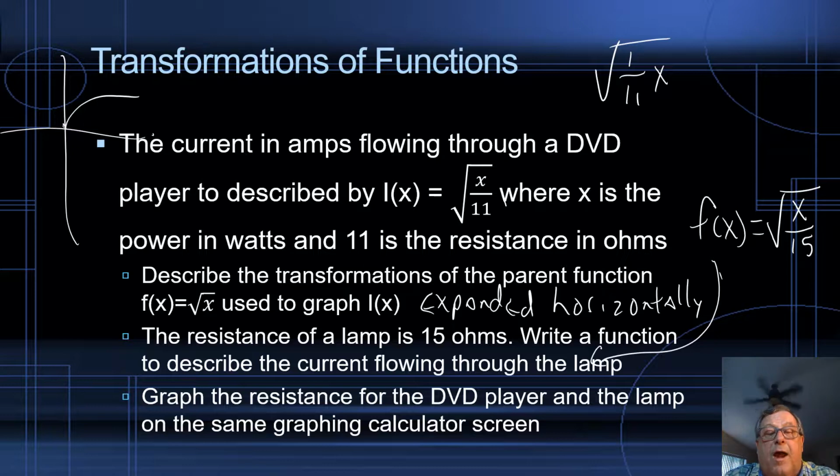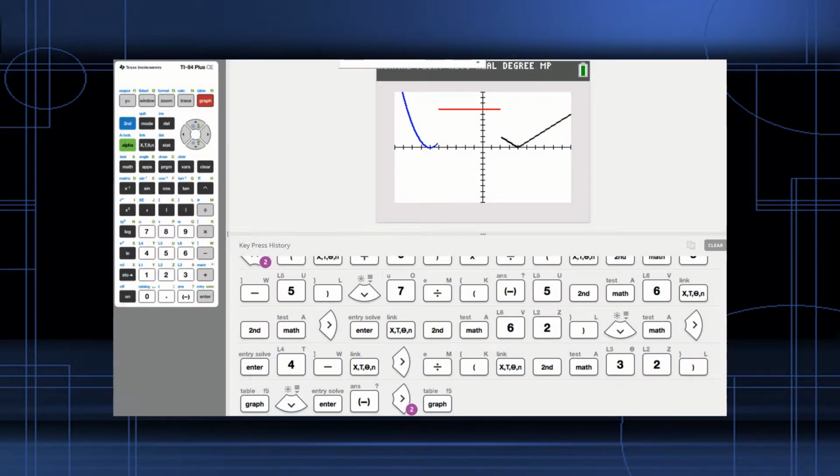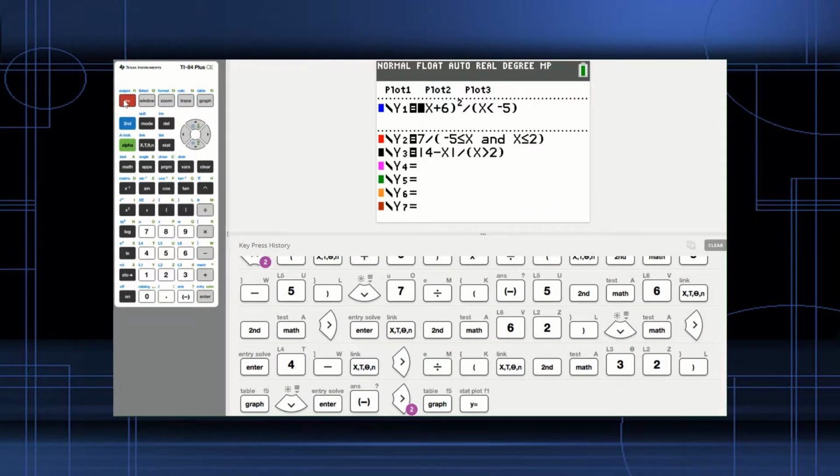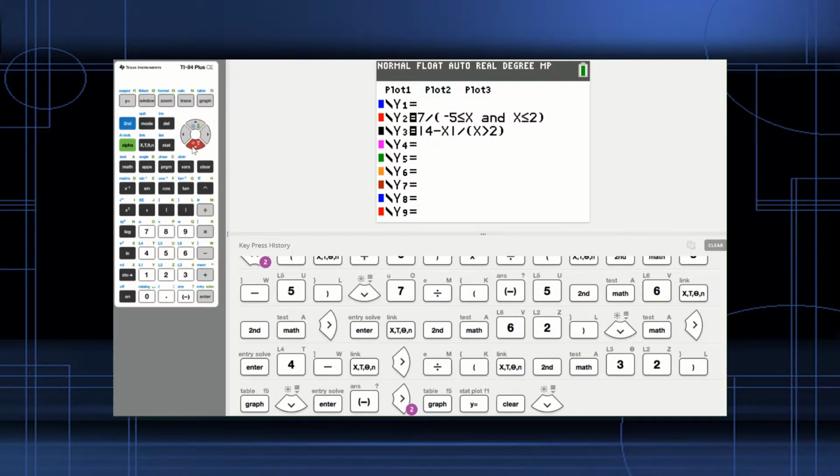Then it says graph the current for the DVD player and the lamp on the same graphing calculator screen. Well, certainly we can do that. Here we go to the calculator. We are going to graph first the current of the DVD player.